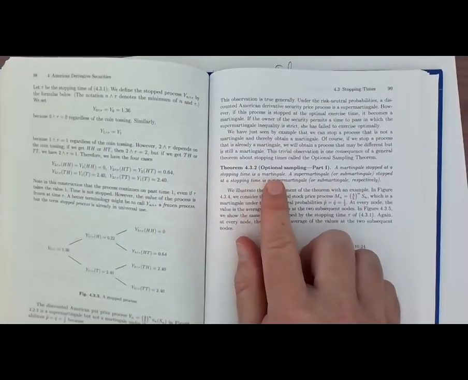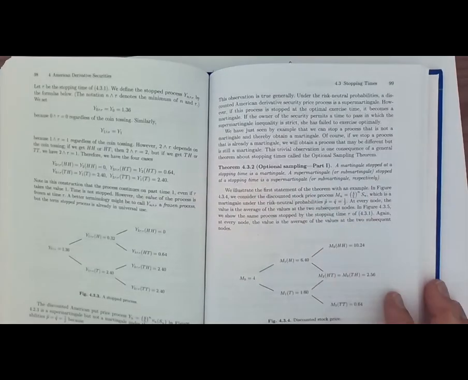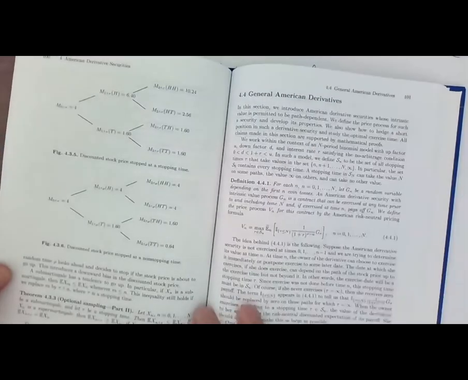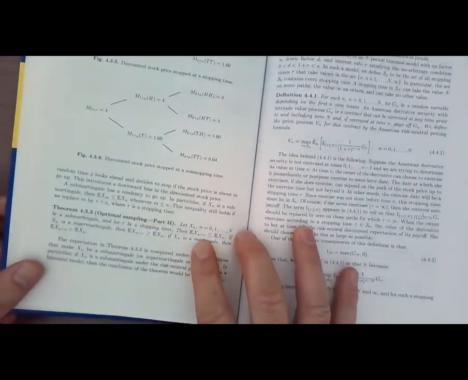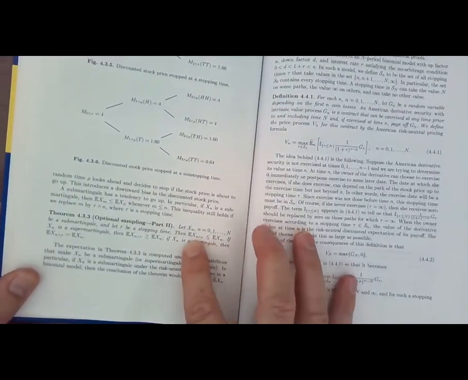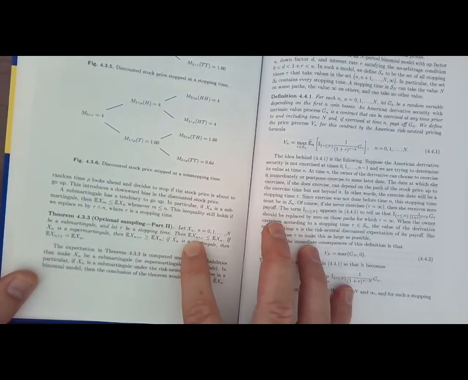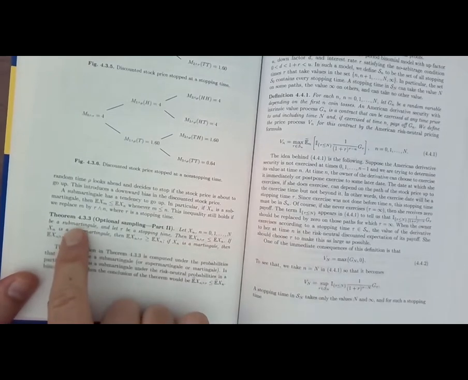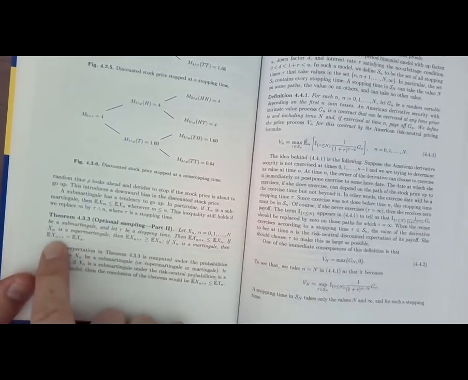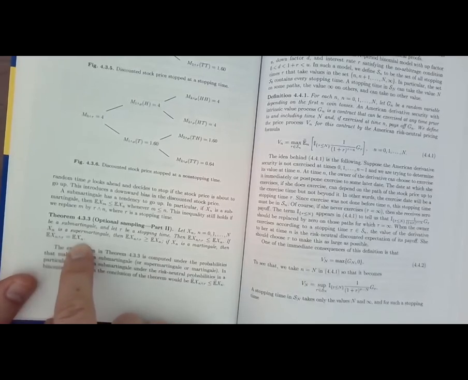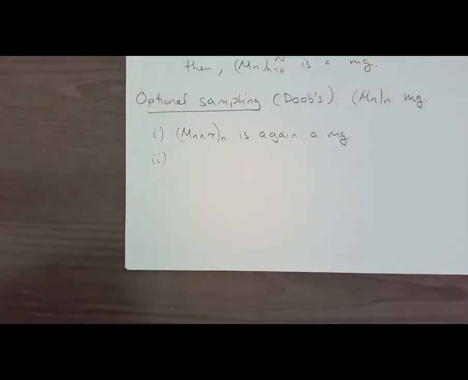A martingale stopped at a stopping time is again a martingale. That's the one we had here. And then Steve has written a few different ones. He also has one here that relates stopping times. Here he's working with a submartingale. We can also just do a martingale. He has n min tau, and then he has n here. Let me write that version down too.